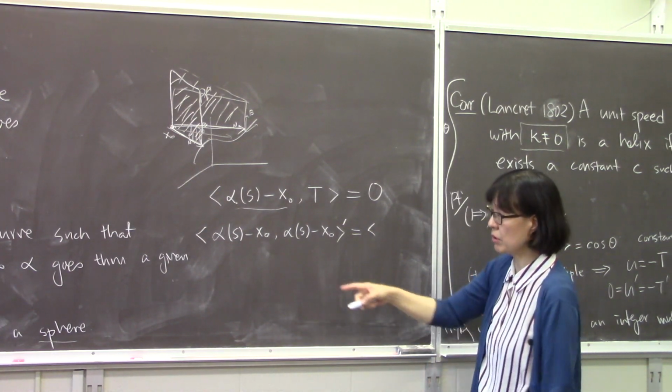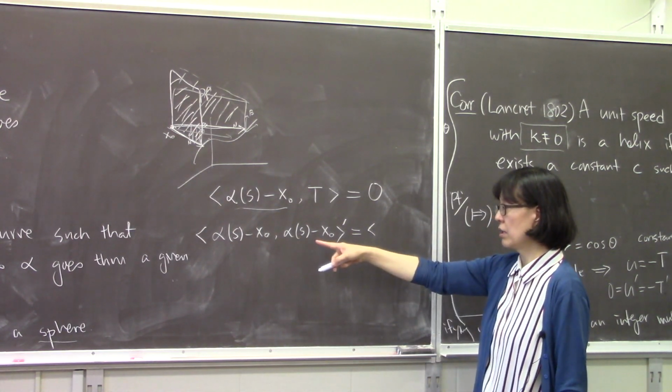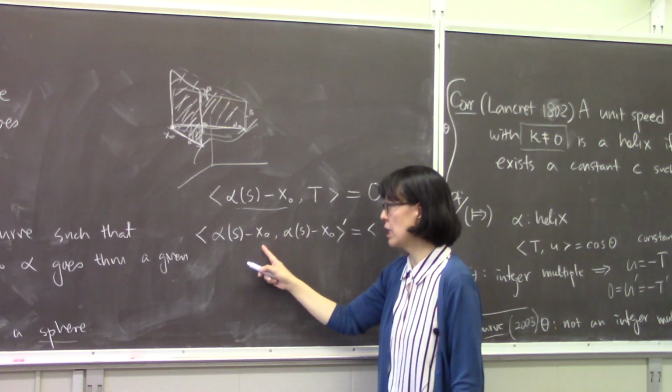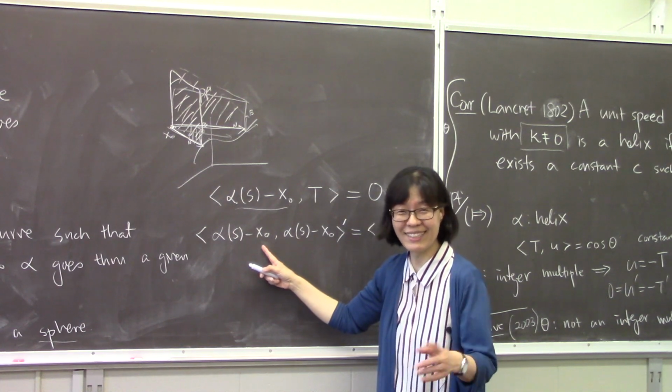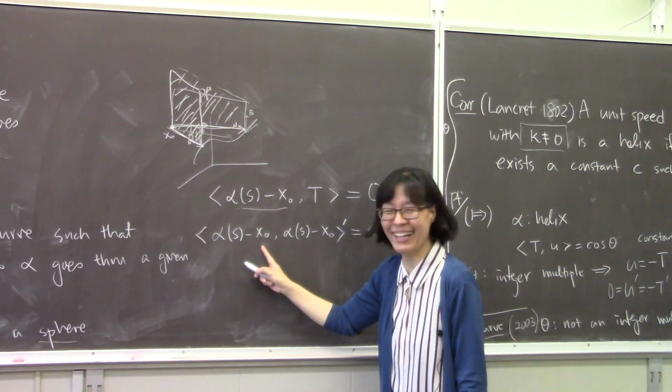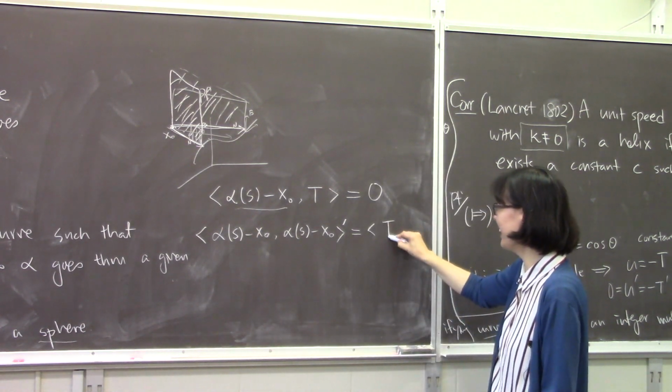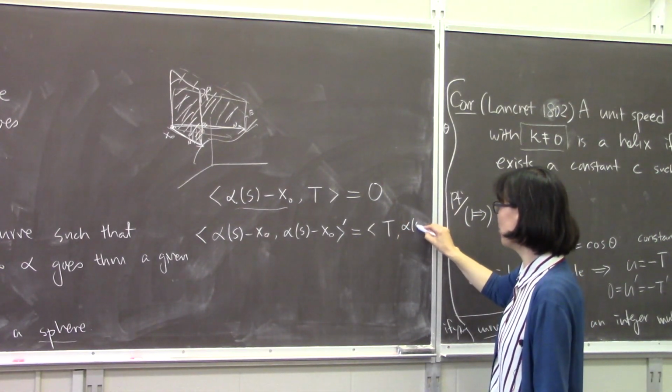Alpha prime is unit speed, so the derivative of this is the vector t, and leave this the same.